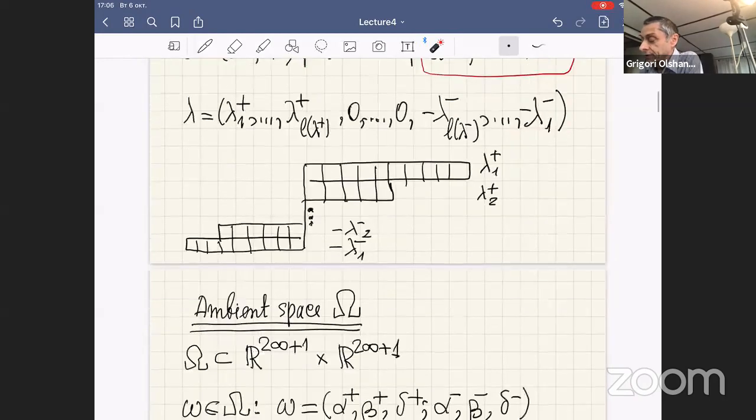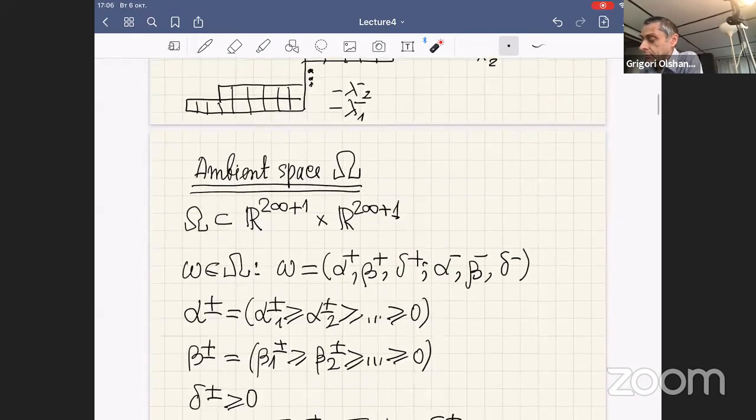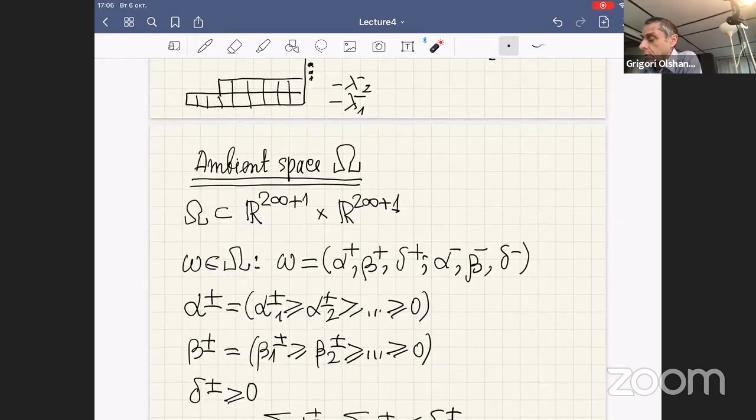Next, to study the limit, you need some larger space. This larger space will be denoted by capital omega, and this is a subset of a long direct product. First, we have two infinite copies of R, actually of R plus, one next variable here and here.